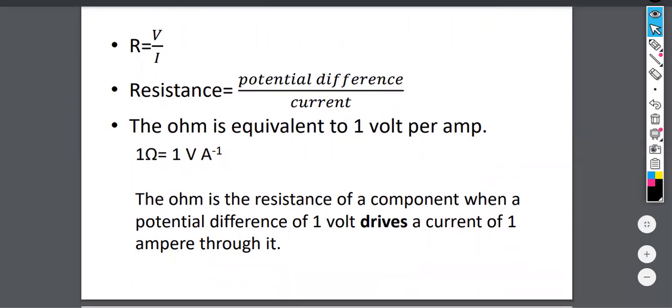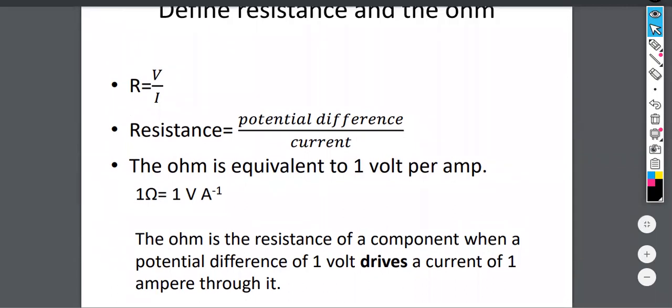R equals V over I. So V equals IR is the way that I suggest the student remember Ohm's law, because then you don't mix up the numerator and denominator. If you just remember V equals IR, then you can always divide by what you need to make R equals V over I or whatever. I equals V over R.